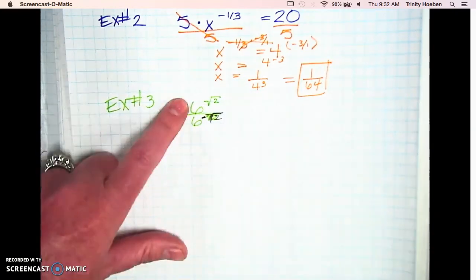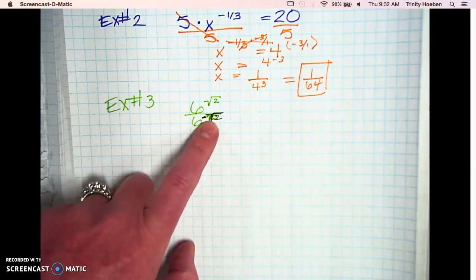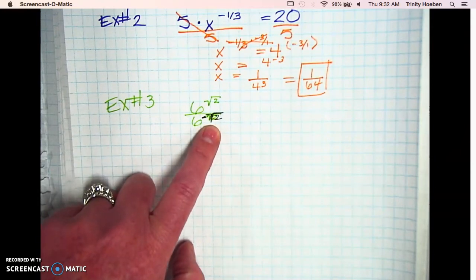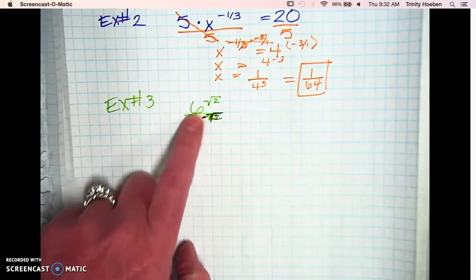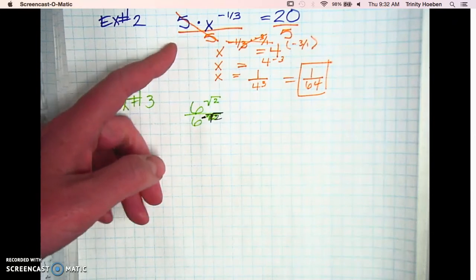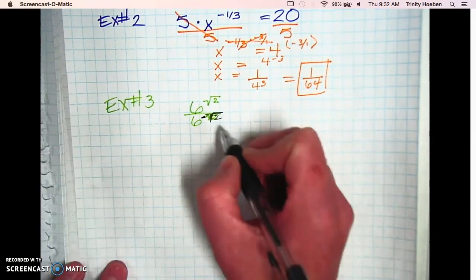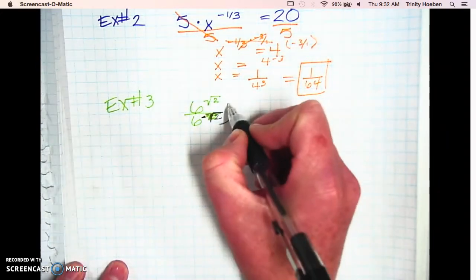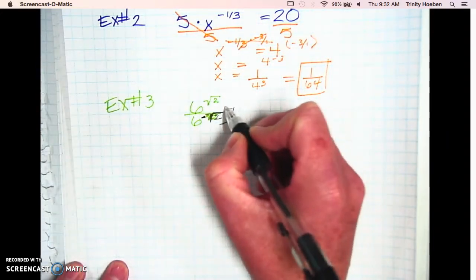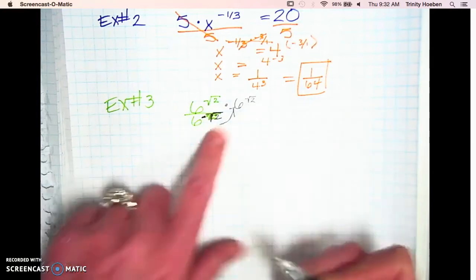All right, we have 6 to the power of the square root of 2 over 6 to the negative 2. Okay, so we want to take that negative exponent and move it, right? Usually we see it in the numerator. Now we're seeing it in the denominator, so we need to take it and move it up to the numerator. So we're going to multiply this by 6 to the square root of 2.